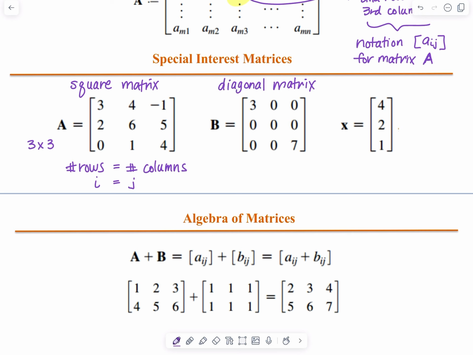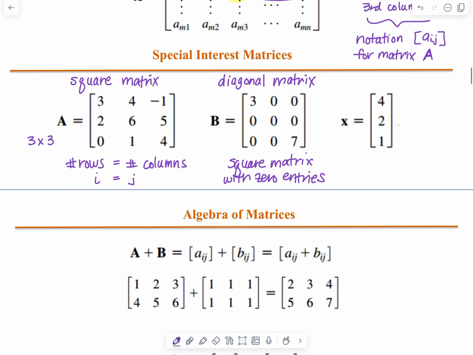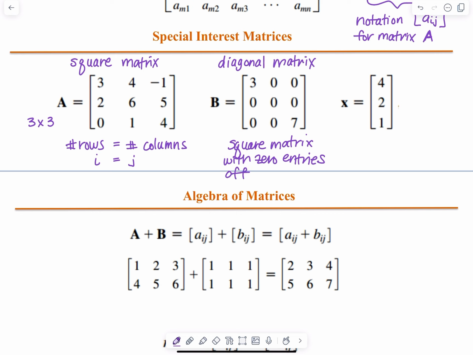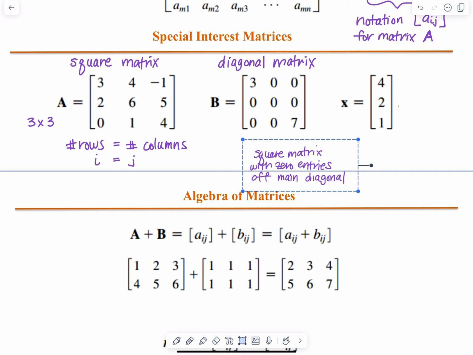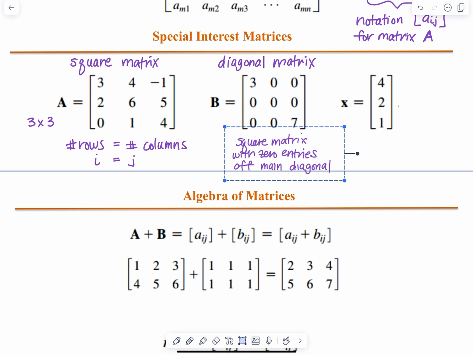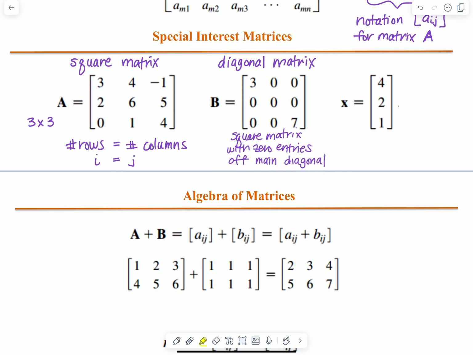And with a diagonal matrix, it is a square matrix with 0 entries off of the main diagonal. And you can see those right here. And then of course this is our diagonal.